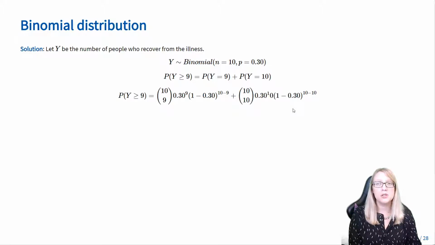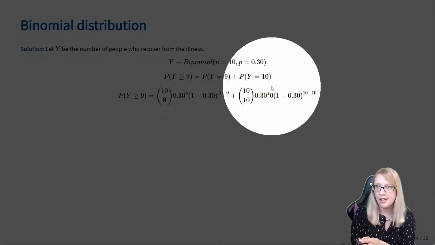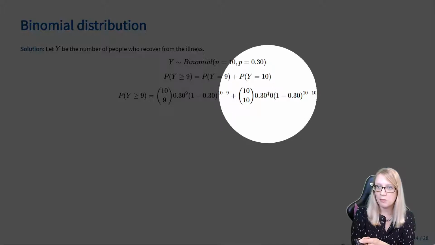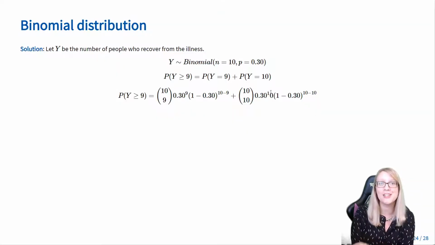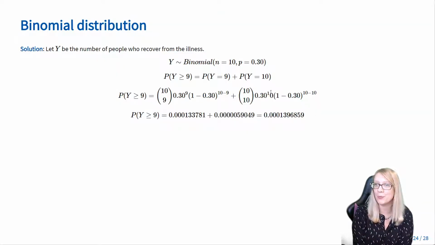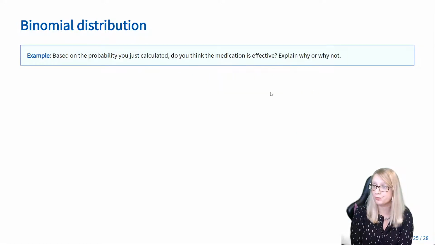Plugging those into the binomial distribution, we can go ahead and calculate this out. I do want to point out that in the second one there is a LaTeX bracket that is missing, so this should be a 10 in the superscript, not a 1 and a 0 down there. Apologies for that typo. We get a probability that Y is greater than or equal to 9 that is incredibly small, 0.0001.